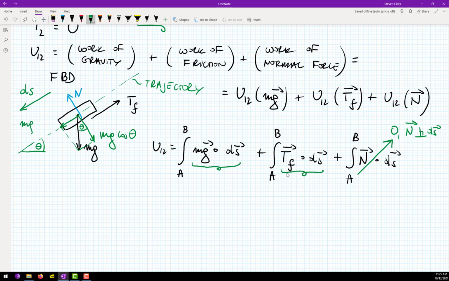And this is mg sine theta. So what would be this dot product based on this drawing? Let's go for you, Brian.